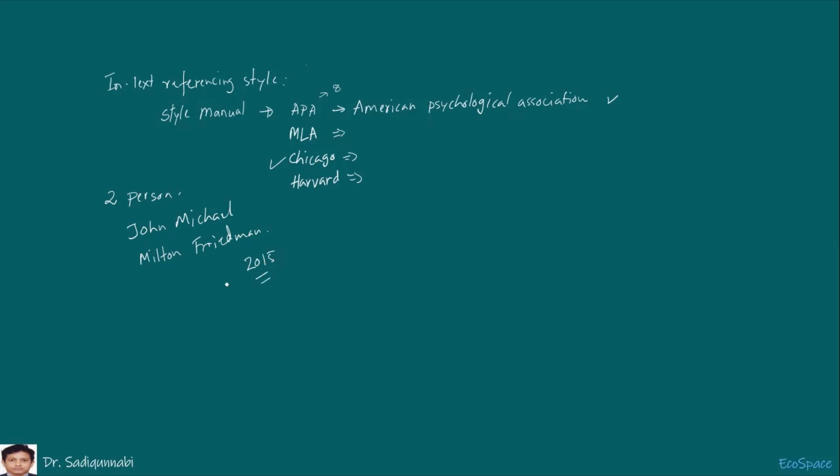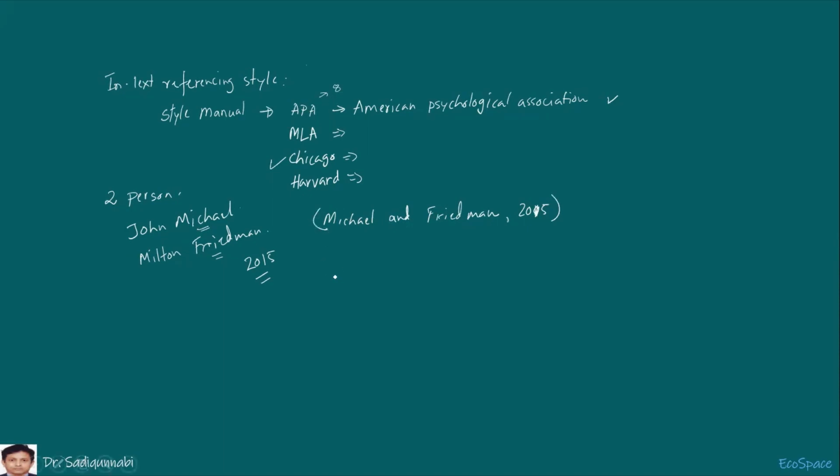So how do you use their paper in in-text citation? In the in-text citation, you must write in this way. So this is the last name. This is the last name. So you have to write down the last name first. And Friedman, comma, 2015. Okay.